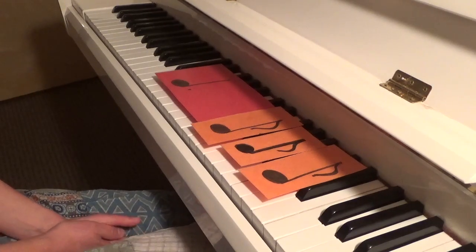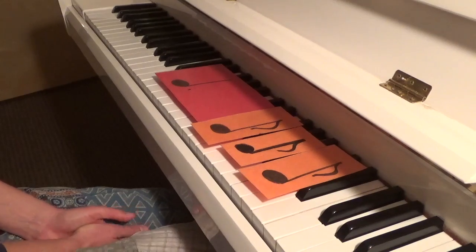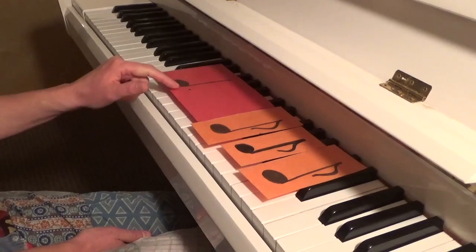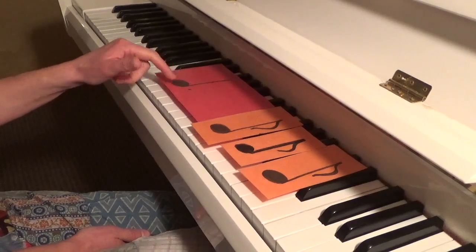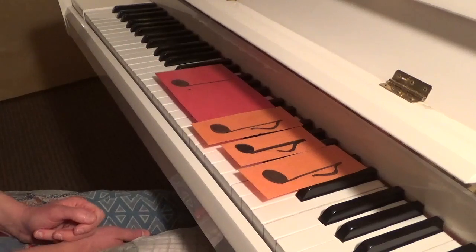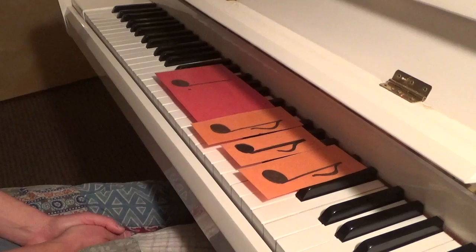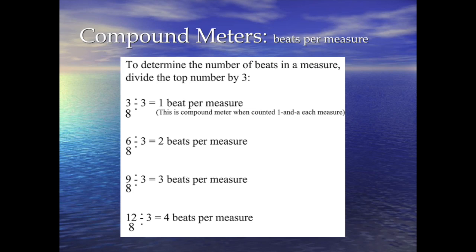When we are looking at a compound meter, that bottom number becomes a little more problematic, because there really isn't a number that can represent a dotted quarter note. You can't put a 4 as the bottom number because it's a dotted quarter note. So we can't actually show directly the number of beats in the measure with compound meter.